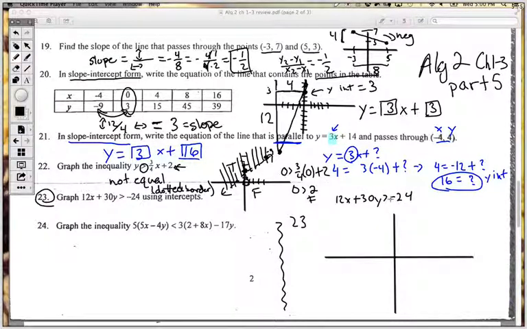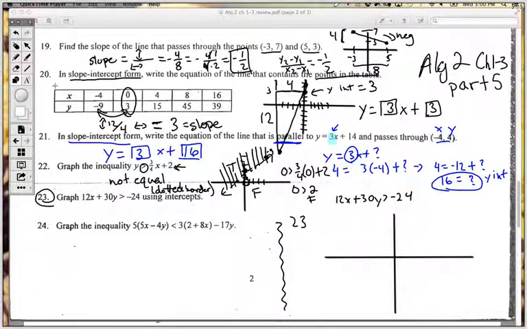So if I want to graph that using intercepts, this is that thing where we kind of covered stuff up. If I cover up this 30y, that means y equals 0, and I'm finding an x-intercept. Well, 12 times what is greater than negative 24? That would be negative 2.